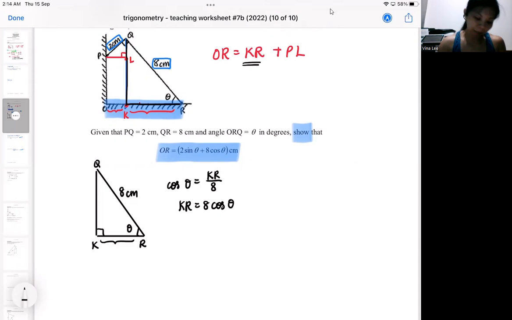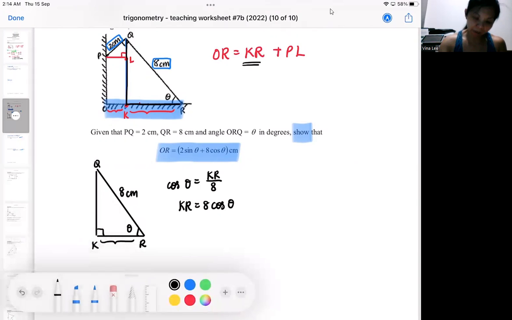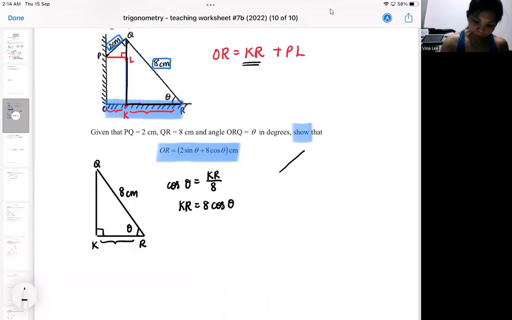If you need your PL, you got to be looking at the smaller triangle here, the triangle with the 2 centimeter. You realize that in this triangle, you don't have a theta.